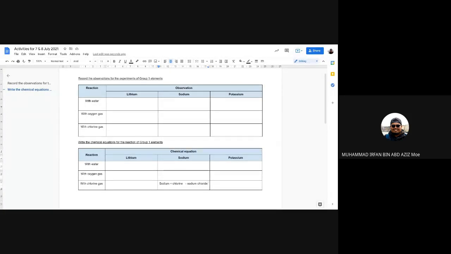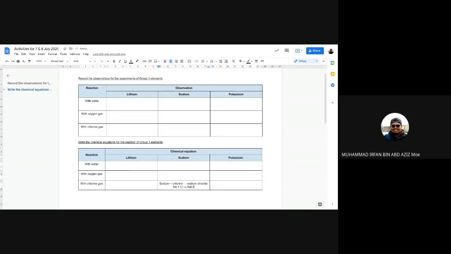Okay, to write the chemical equation, we must know dulu kita write the element symbol. Okay, for sodium is Na plus Cl will produce NaCl.